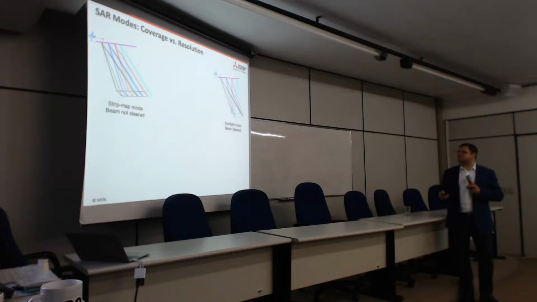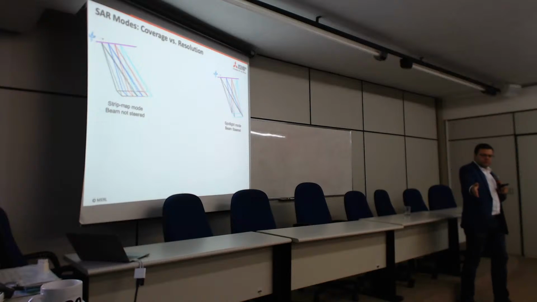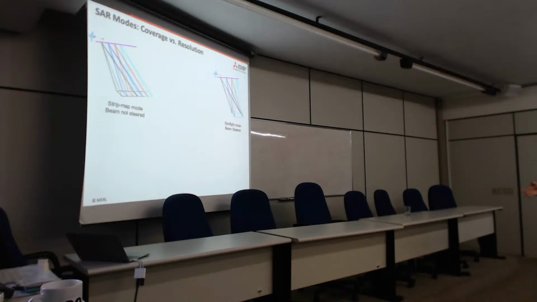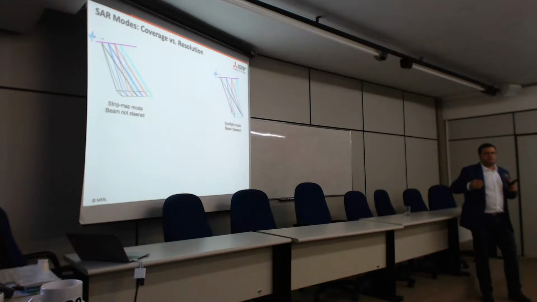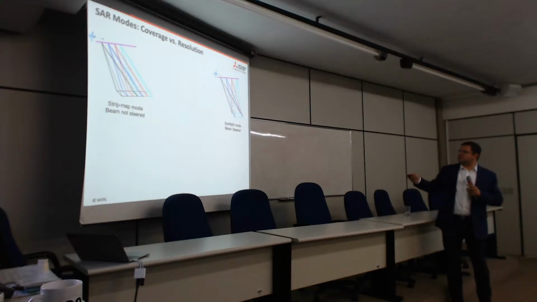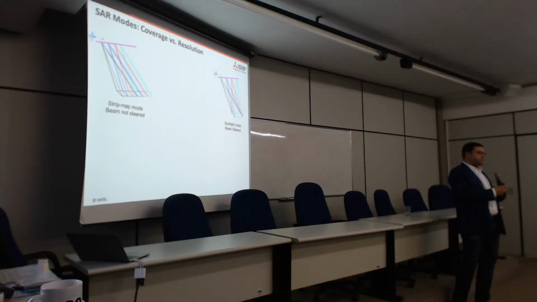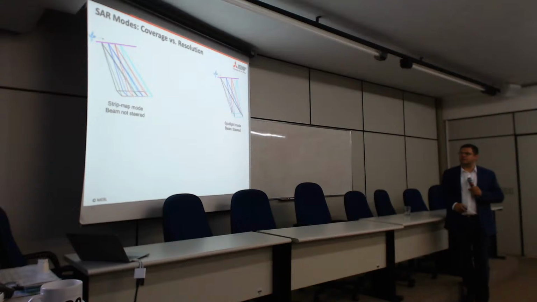On the other side of the modes of the spectrum, you have the spotlight mode. You always have your beam pointing, and as you move, you keep pointing your beam to the same spot. So that means that as your plane goes on a very long track, that spot has been seen from many angles. So you have a very large array looking at your spot. And this gives you extremely high resolution, but of course it only covers a small spot. Okay.